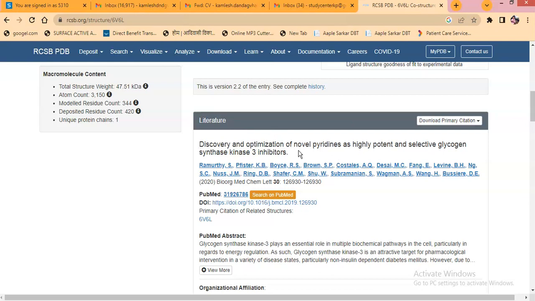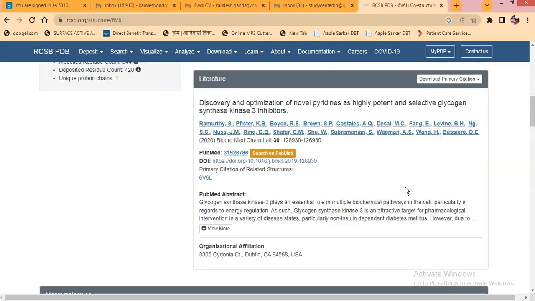Discovery and optimization of novel pyridine as a highly potent selective glycogen synthase kinase 3 beta inhibitor. You can open it and see what kind of parameters they used and what result they got while using this protein code.